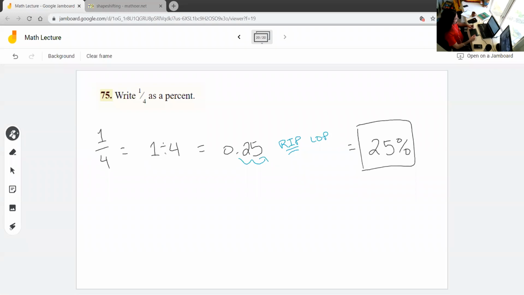We have a quick thing that does fraction to decimal.